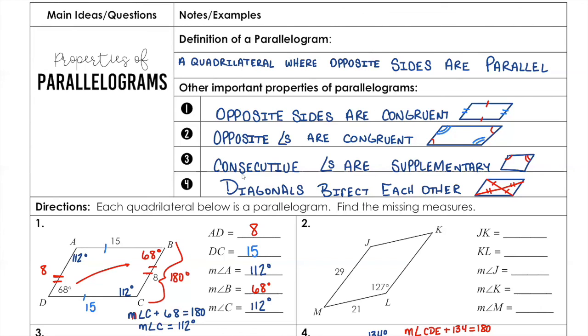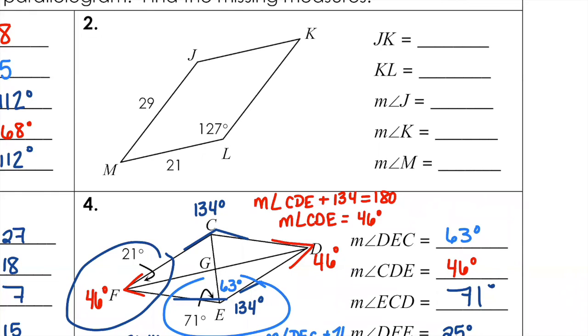And the last characteristic of a parallelogram is that the diagonals, lines connecting opposite vertices, bisect each other. And what's it mean to bisect? Cut in half. The diagonals themselves aren't necessarily congruent, but we do know that when they intersect, it's going to cut them into two congruent sections.